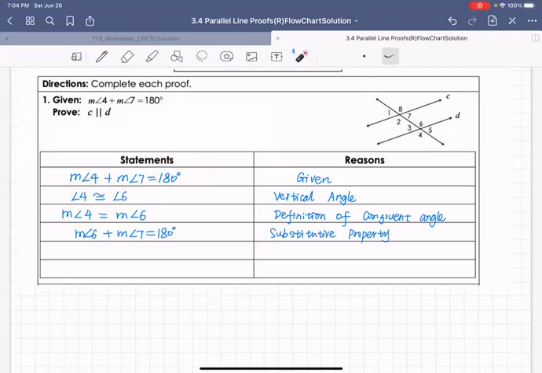Okay, next. When these two angle measurements add to 180, what do we call these two angles? Angle 6 and angle 7 are supplementary. What do we put here? Definition of supplementary angles. Yes.